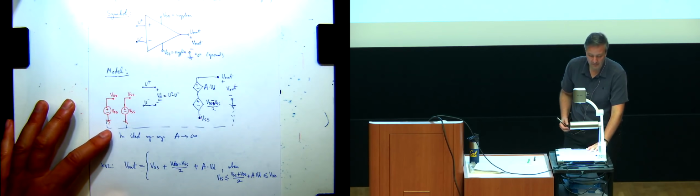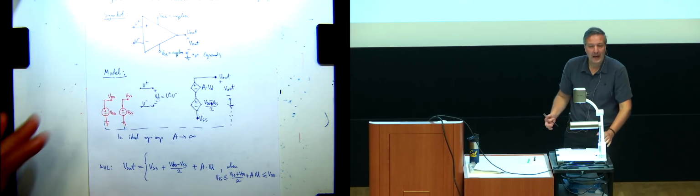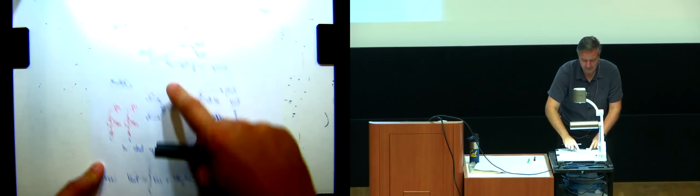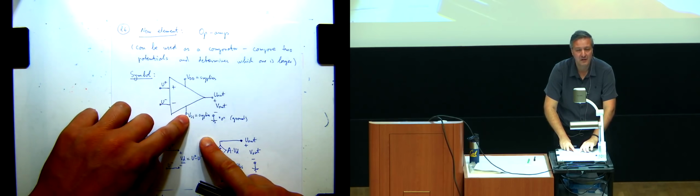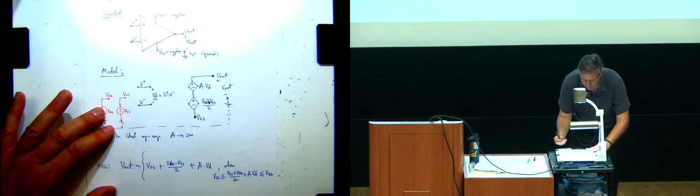Okay? The reason is that this op-amp can only supply the output voltage that's between these two supplies. It cannot go above that. So I need somehow to limit the behavior.